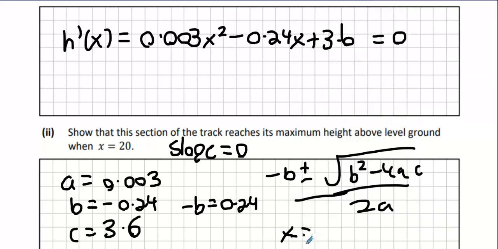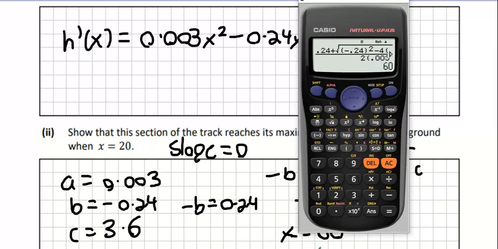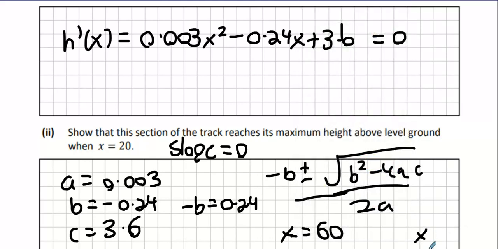So that's x equals 60, but I think that might have been the minimum. However, for the maximum, we got x equals 20.